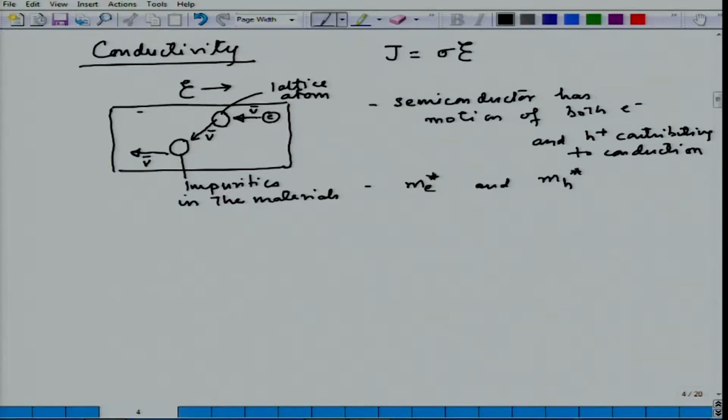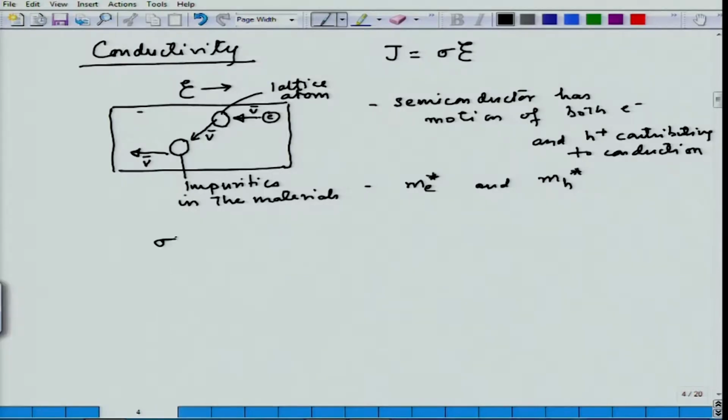So, if I look at the classical picture, then I can write the conductivity due to electrons in the conduction band as given by the carrier concentration of electrons in the conduction band, the charge, and tau n, which we have defined earlier, divided by m n star. What is tau n?